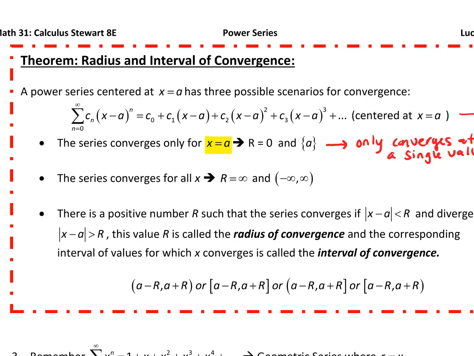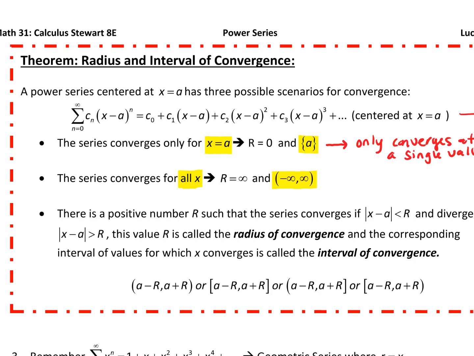Okay. The other possibility, of course, is that it converges for all values of x. So if it converges for all x's, this means it converges across the entire number line. And we actually have what's called an interval of convergence from negative infinity to infinity. It converges for all possible values of x, versus the one above where it's converging only at a.